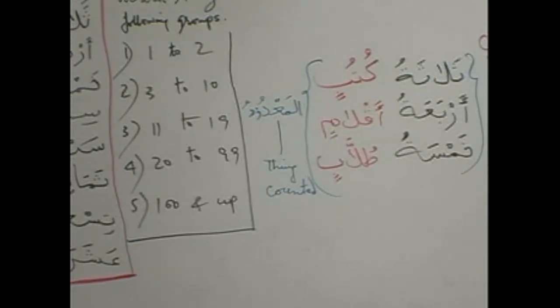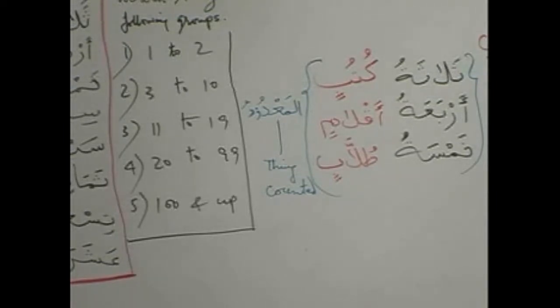Okay? And even if you say 3 books, 3 is the number and books is the noun which is being counted. 3 books is the thing which is being counted. If I say 4 pens, the pens is what we are counting.